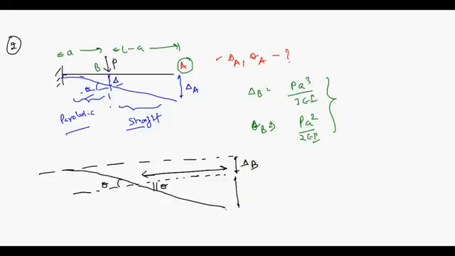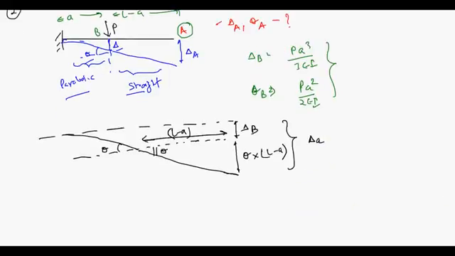Can you get this value from the triangle? If you know this length, it is L minus A. If you apply tan theta here, this length will be theta times of L minus A, and this entirely is your delta A. I hope you are able to understand. Simple triangle I am using. This is delta A, and this value is theta. So you apply tan theta here. This distance you know, so you will get this distance.